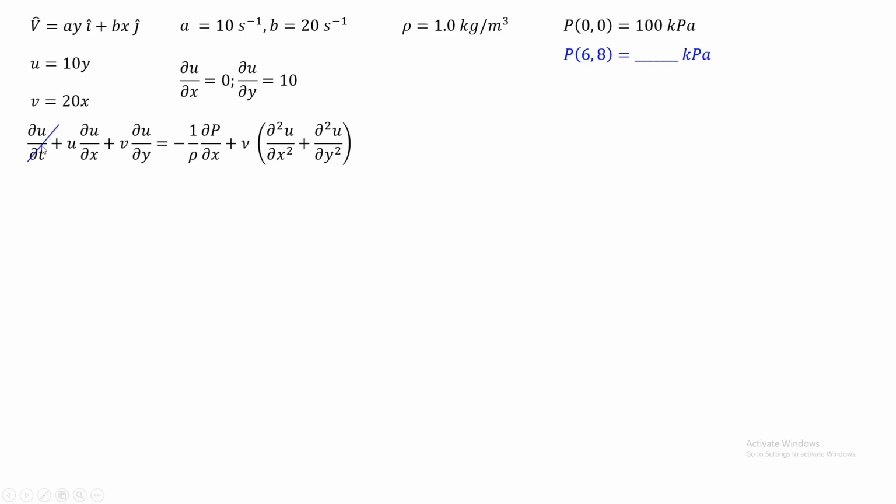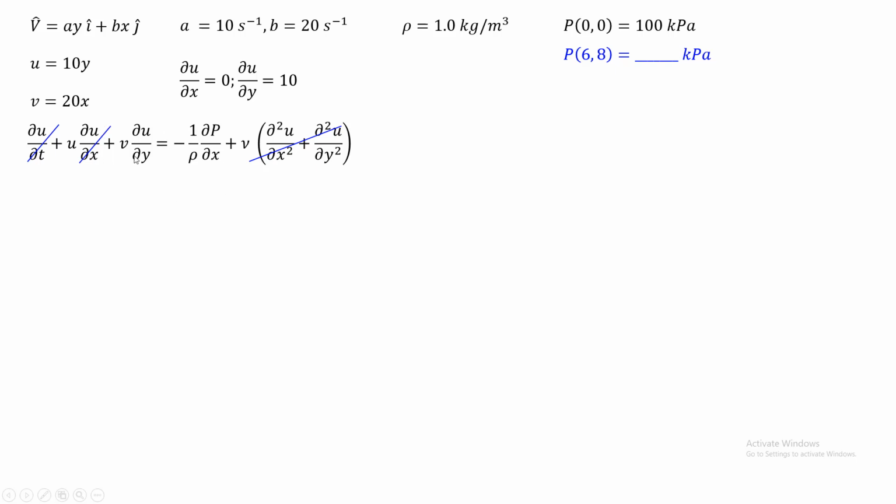So the unsteady term becomes 0, and all our viscous terms will become 0, and hence we don't have any second derivatives. Hence we end up with these two terms.